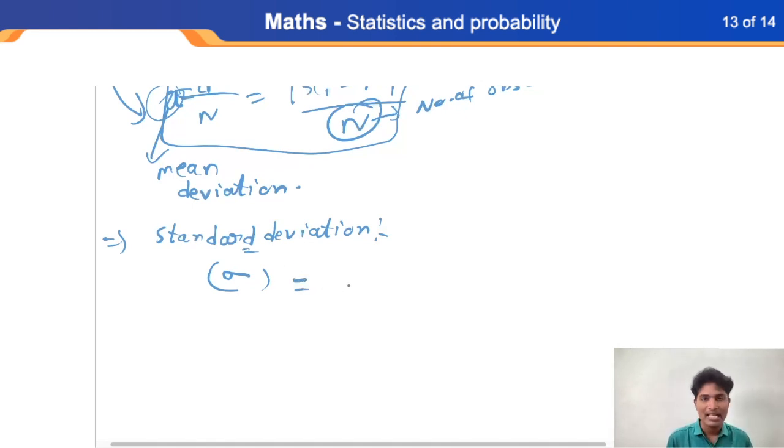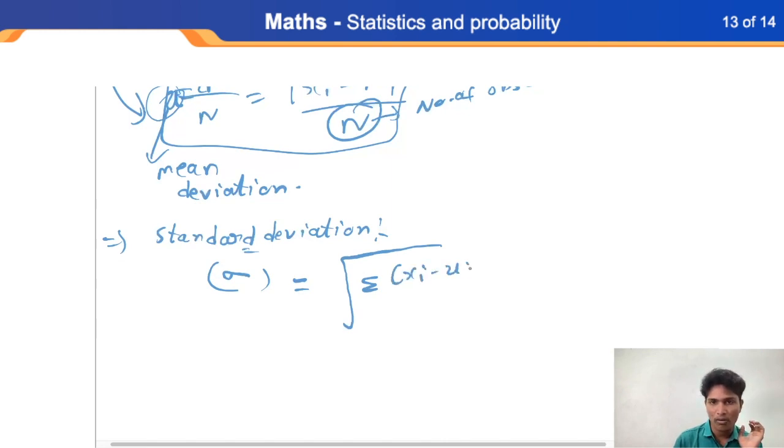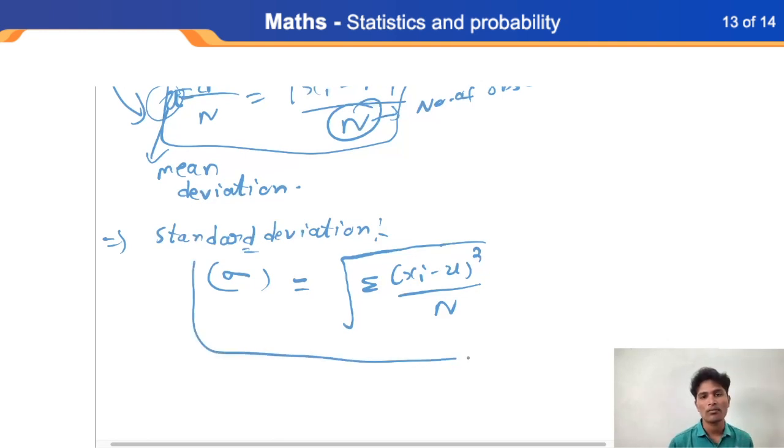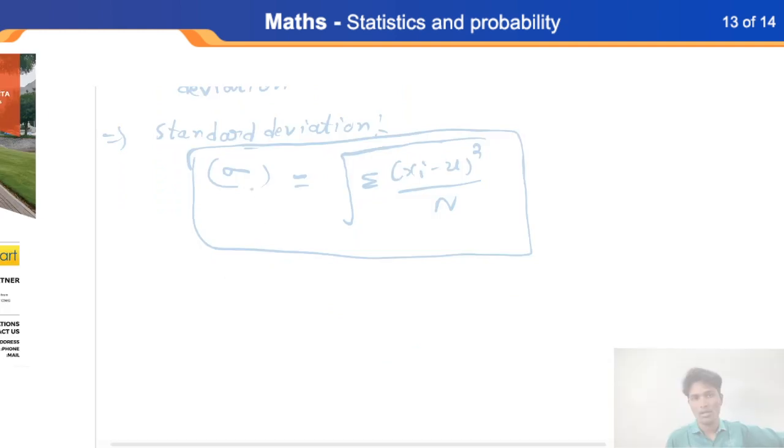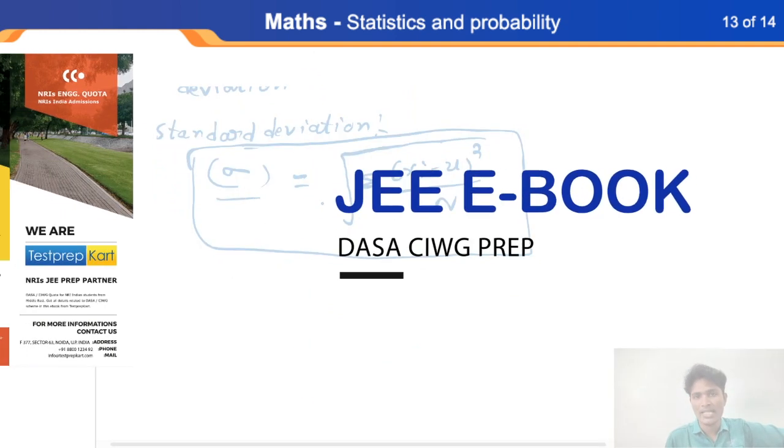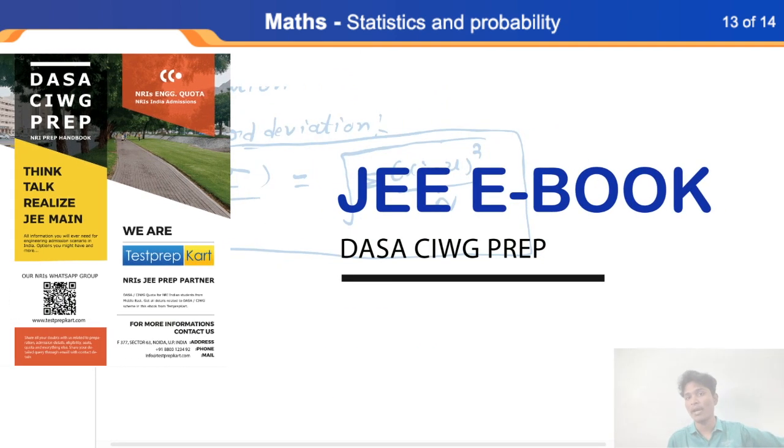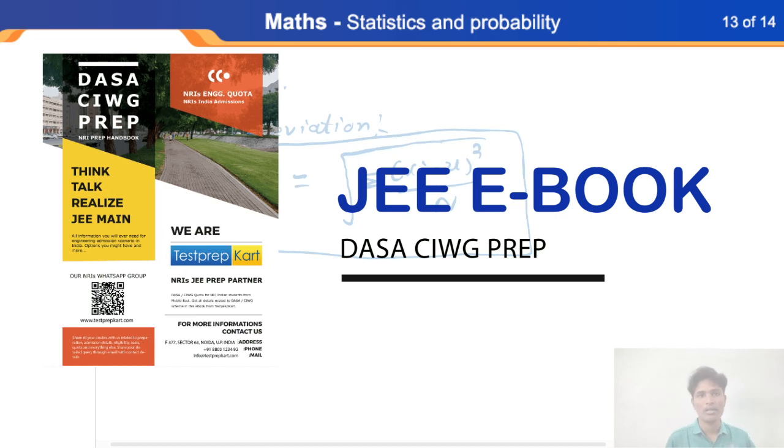Its formula is similar, but with a slight change: root of summation of xi minus nu whole square divided by n. You have to understand, this is a simplified formula. Sigma is equal to root of summation of xi minus nu whole square divided by n.